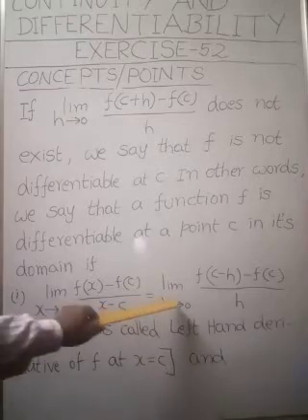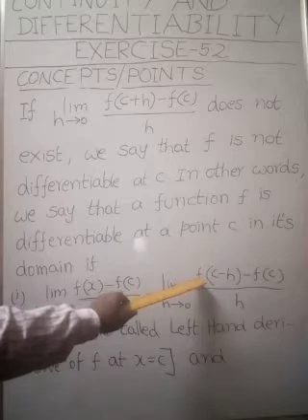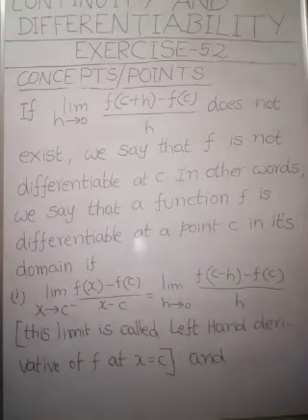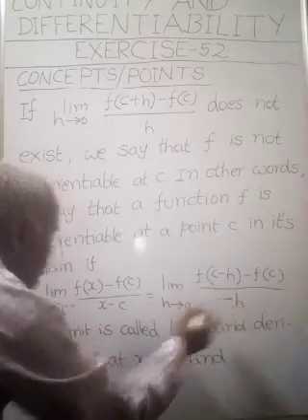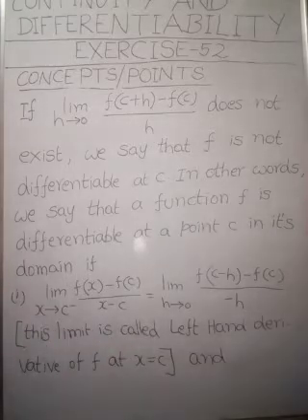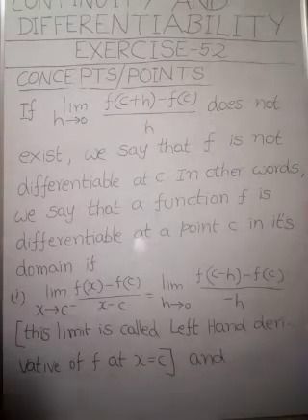This limit also can be written as the limit as h tends to 0 of f of c minus h minus f of c by minus h. This limit is called the left hand derivative of f at x is equal to c. Okay, my dear children? Right.